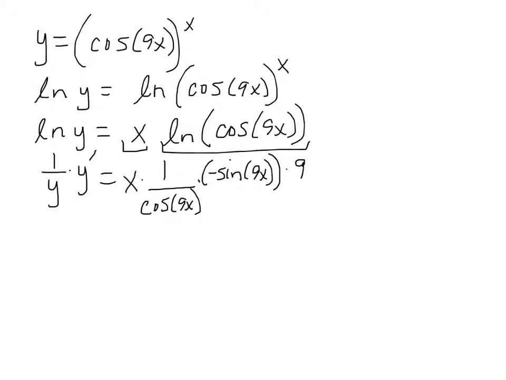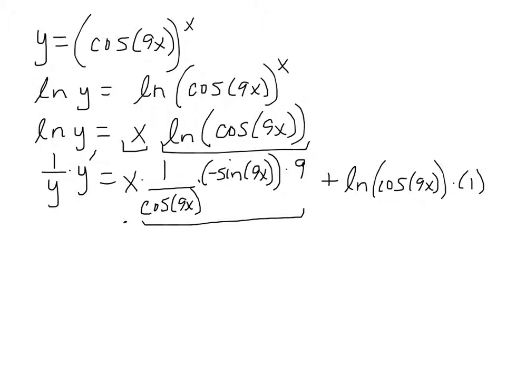So the 1 over cosine was the derivative of the ln. The negative sine 9x was the derivative of cosine, and 9 was the derivative of the 9x. So that's the first times the derivative of the second, plus the second, ln of cosine 9x, times the derivative of the first, and our first was just an x, so we've just got the derivative of 1.